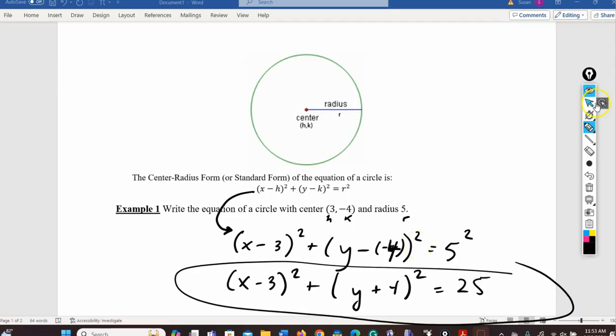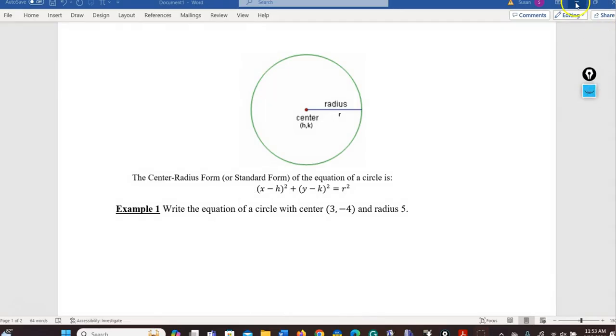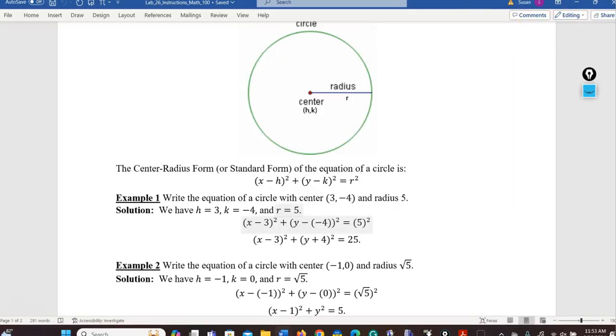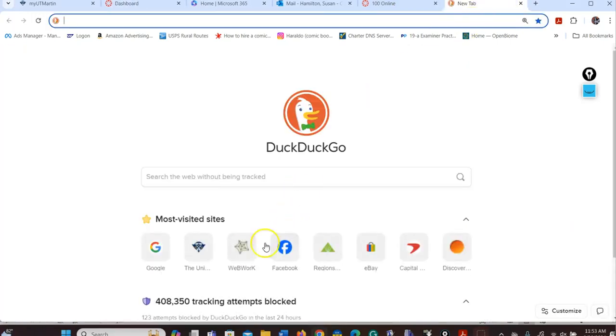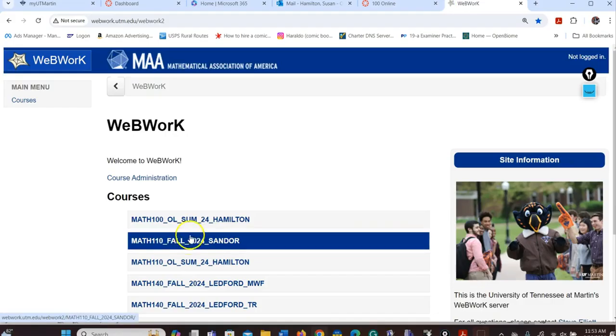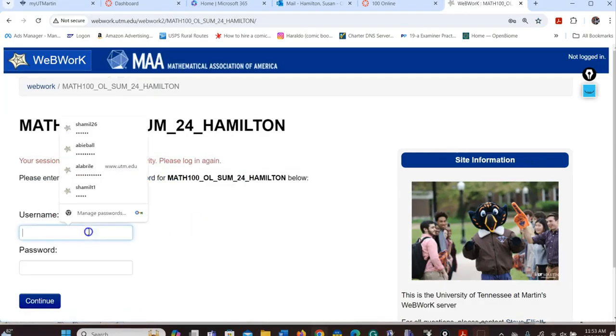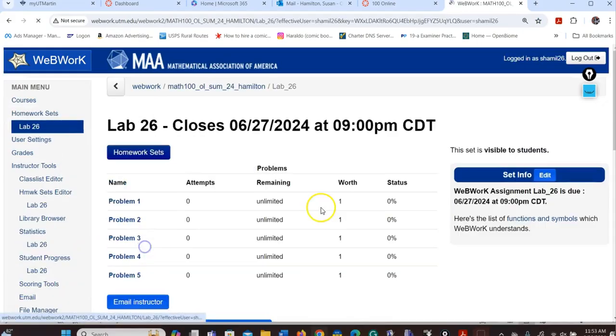Now, let's just have a look at the WebWork.